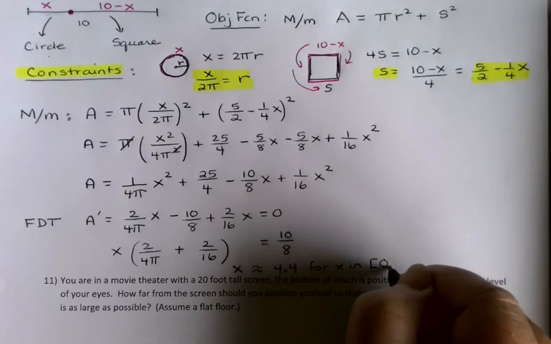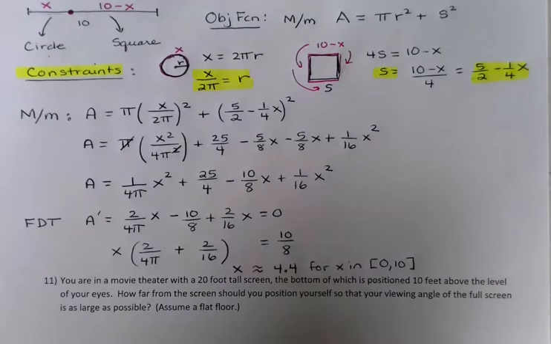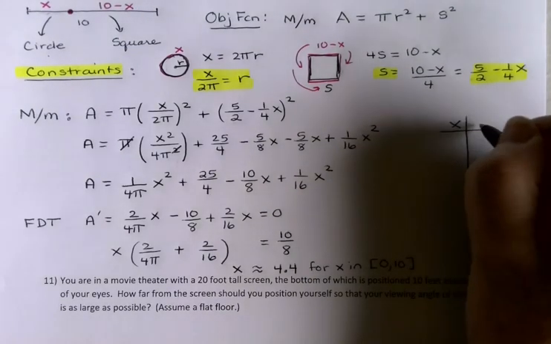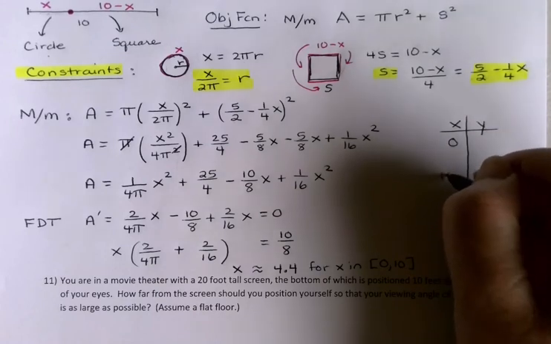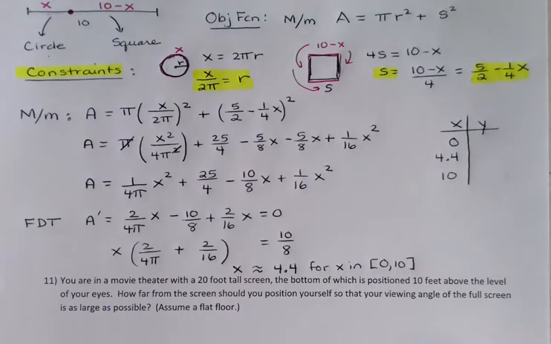So 0 to 10 is the closed interval on which I really want to find my max and my min. So we'll do that. We'll check out 0 and 10, as well as that 4.4 that we found for a critical value.